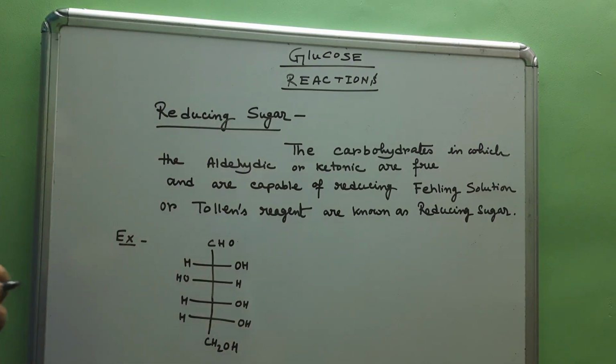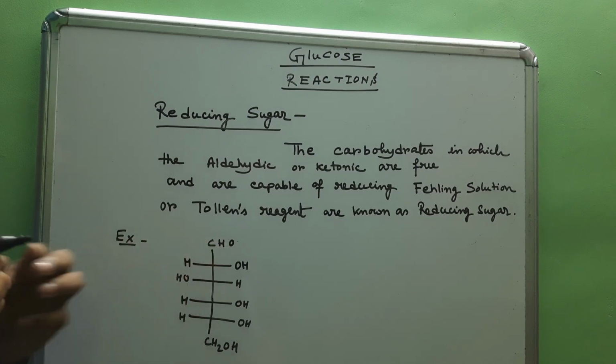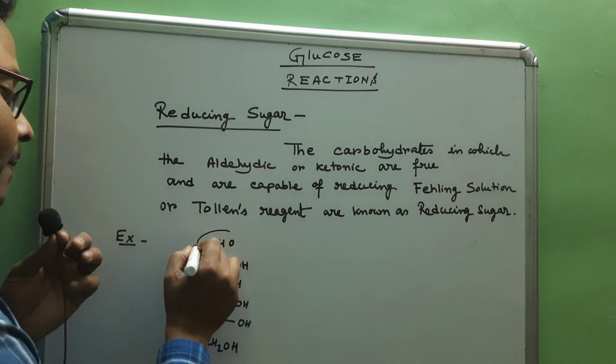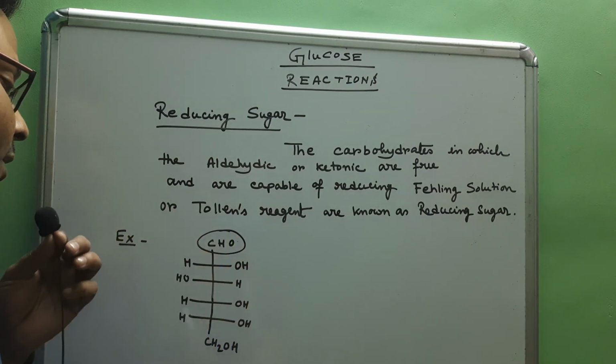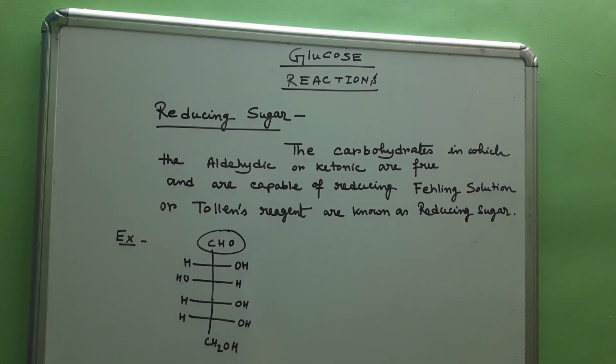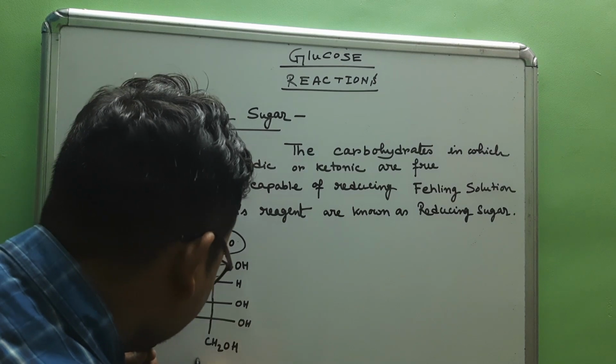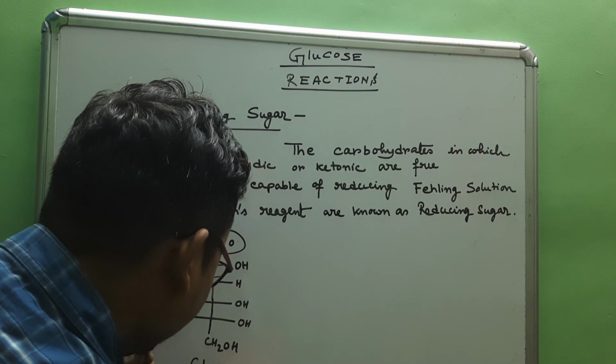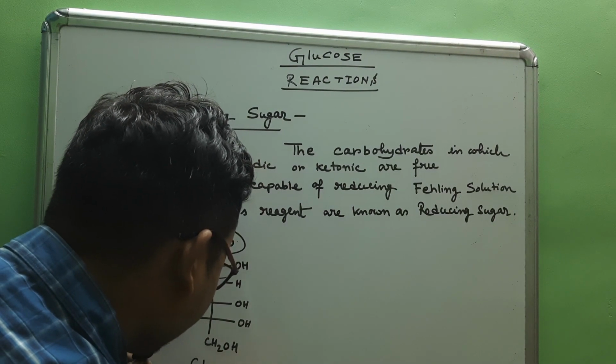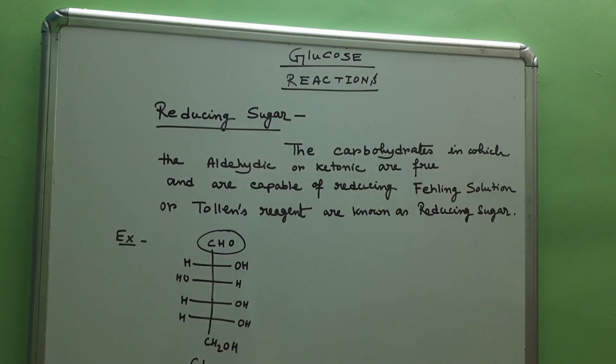The glucose molecule has one free aldehydic functional group, so it can reduce Fehling's solution as well as Tollens' reagent. So if you are asked whether glucose is a reducing sugar or not, the answer will be yes.